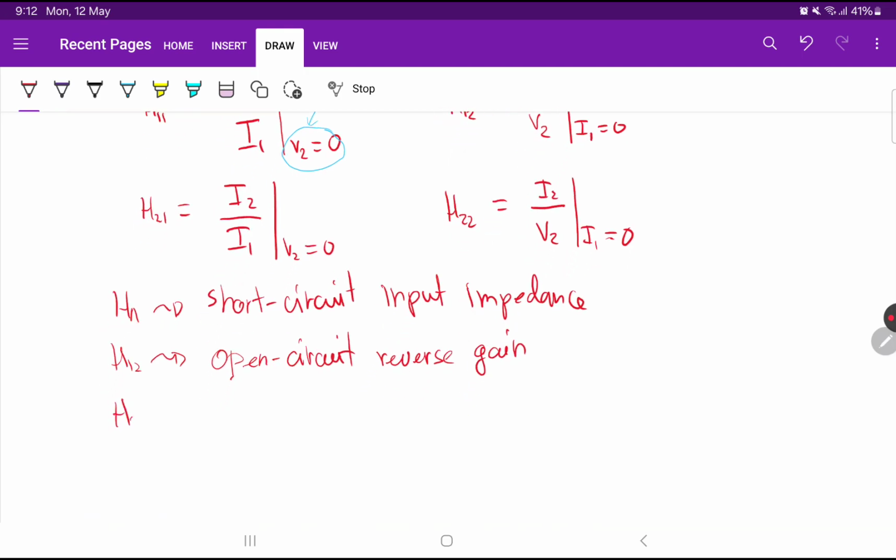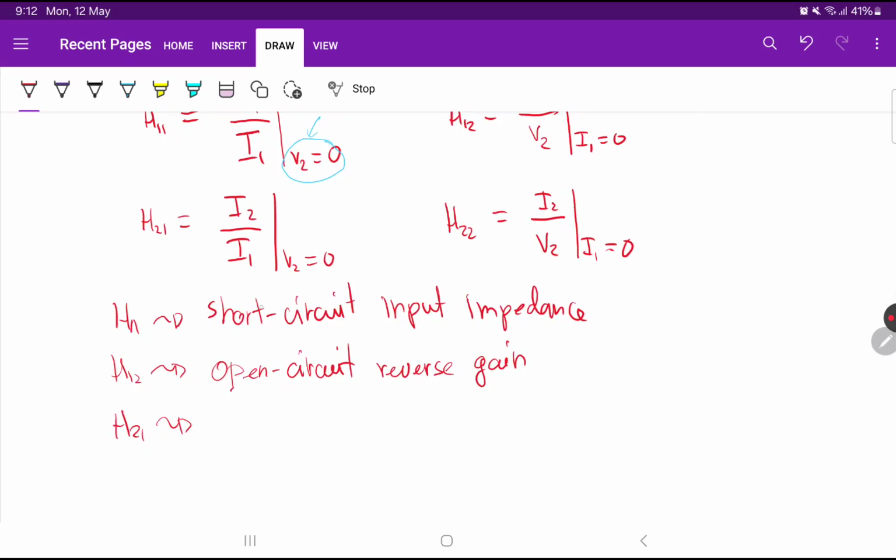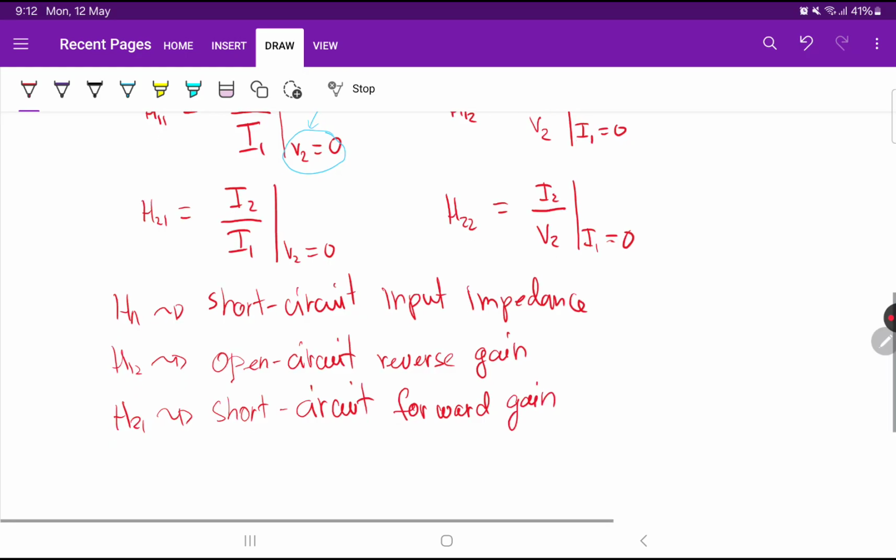While H21 is not an open circuit, because for H21 we make V2 equal 0, so that means we are short circuiting the output. So this is short circuit also, but instead of reverse, this is a forward gain, because we're looking at the input because the output is a short circuit.